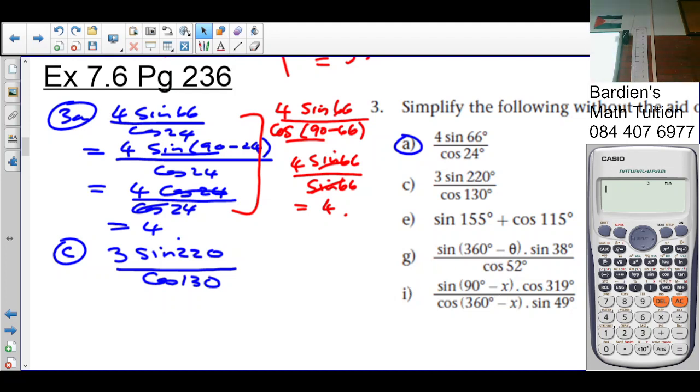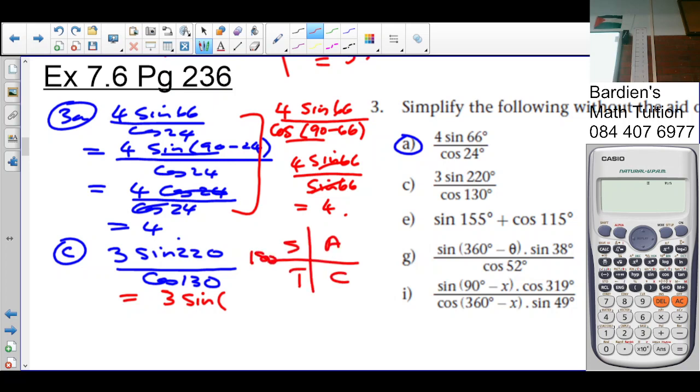Okay, so C is simply going to give us 3 sine, 180 plus 40 over... All stations to Claremont, that's 180. So that's in the third quadrant, so it's 180 plus. Now we're going to try and bring 40 in, or use an angle of 40, so of course it's 90 plus 40.